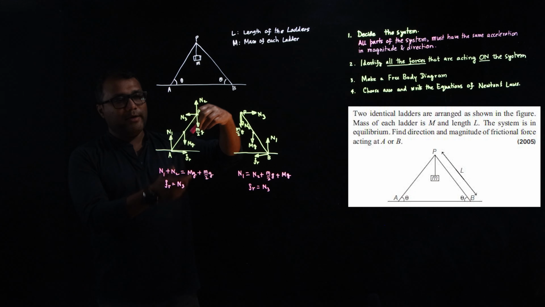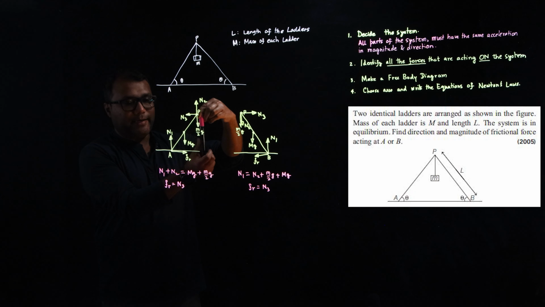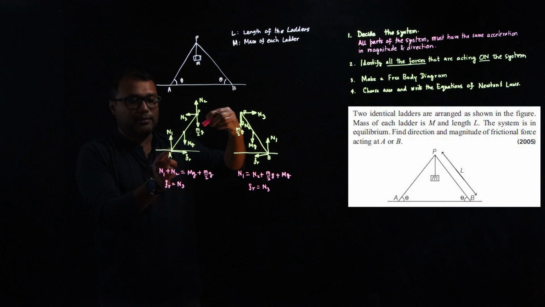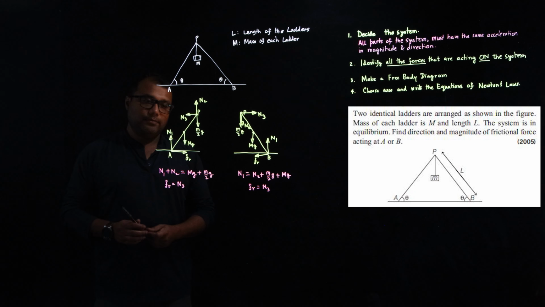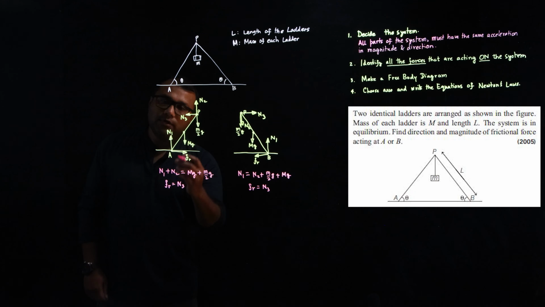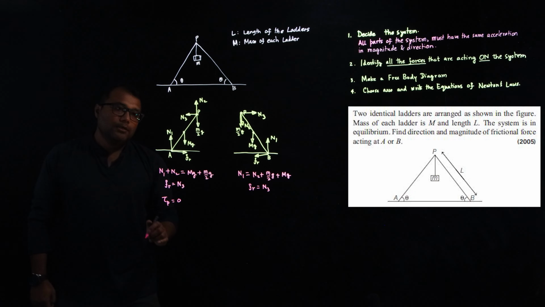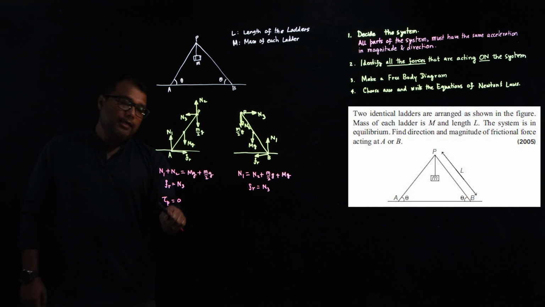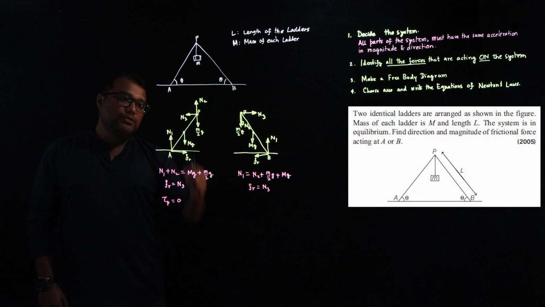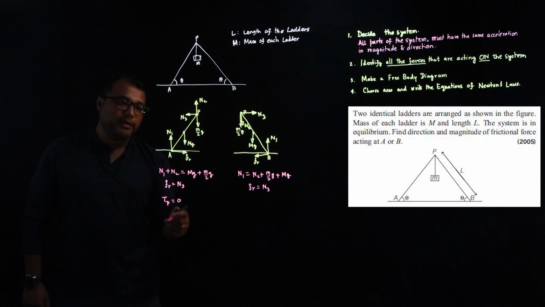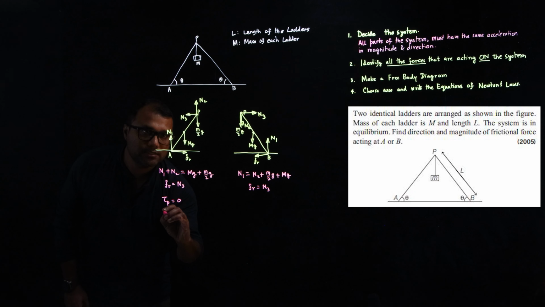So if I take a moment at point P, there is this mg trying to pull it like this, N1 trying to pull it like this, the friction Fr trying to pull it like this, right? But we know the system is in equilibrium, so tau P must equal 0. So if we are calculating tau P, all these forces don't count to the moment, but mg does.